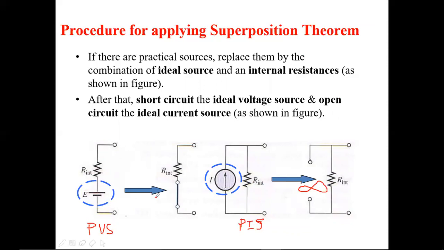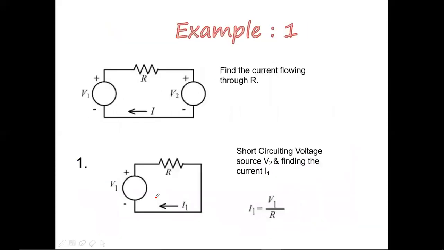Right, let me move to example number 1. In this small example, this is how the conversion happens. After this we will discuss a few more examples. After completion of example 1 we will discuss the superposition theorem in detail, don't worry.